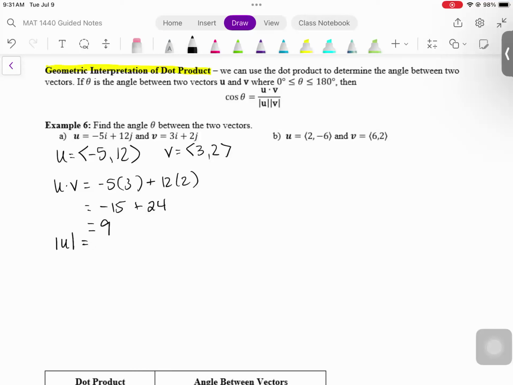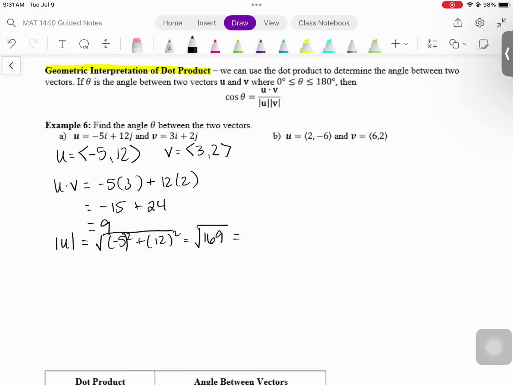The magnitude of u is going to be the square root of -5 squared plus 12 squared. -5 squared is 25, plus 12 squared, which is 144, is the square root of 169.